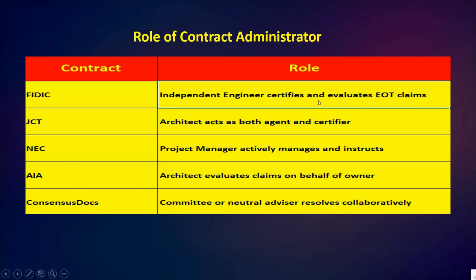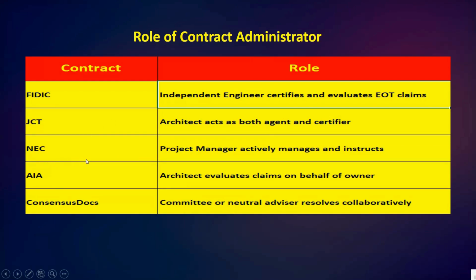The independent engineer certifies and evaluates EOT claims. In JCT, the architect serves both as the client's agent and as a certifier. You can say in JCT the architect has a dual role. So next we have NEC.